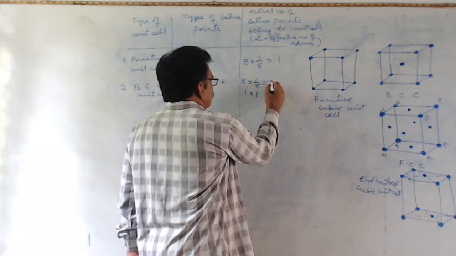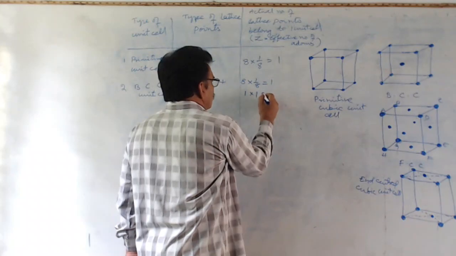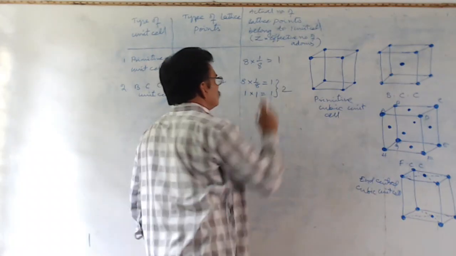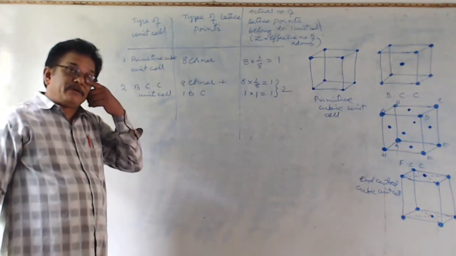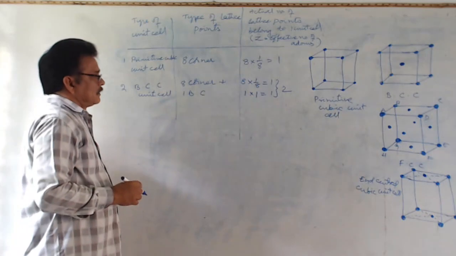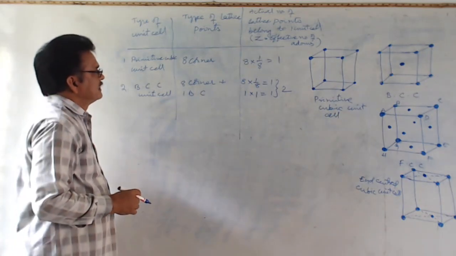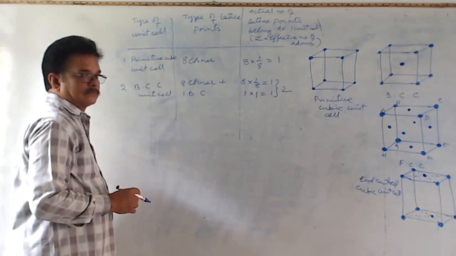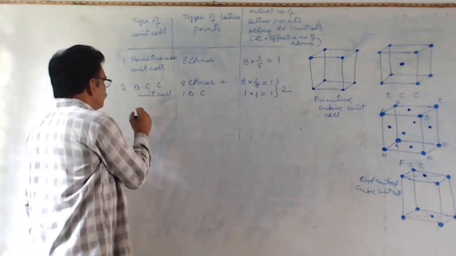So totally 1 plus 1, 2. In each BCC unit cell, 2 lattice points are present. This is called the effective number of atoms that belong to a BCC unit cell.